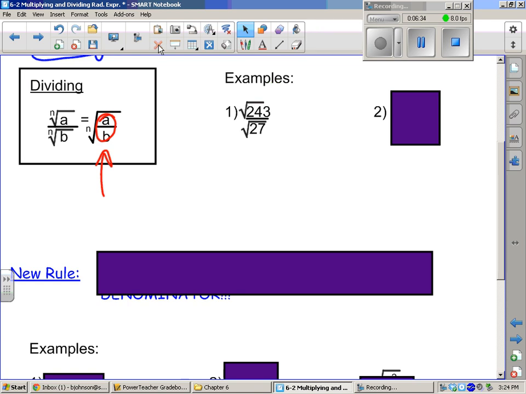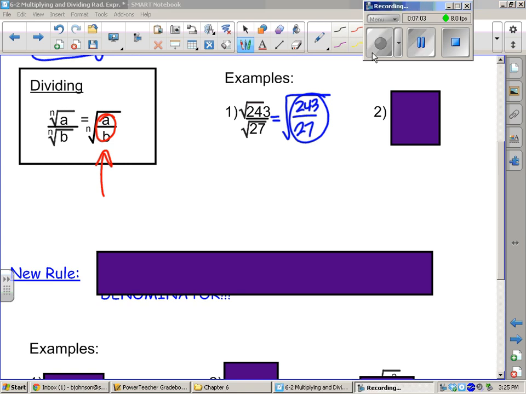So right now I have square root of 243 and square root of 27. Neither of those are perfect squares, but what I'm going to do is throw them underneath the same radical and make it 243 over 27 and just focus on the fraction. And when I do that, let's see, 243 divided by 27 is 9.